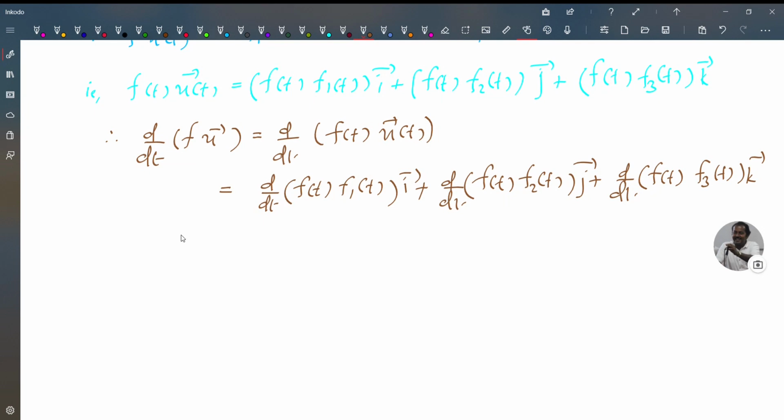So this is equal to, now this f of t and f1 of t are real functions, so you can apply product rule of differentiation here.